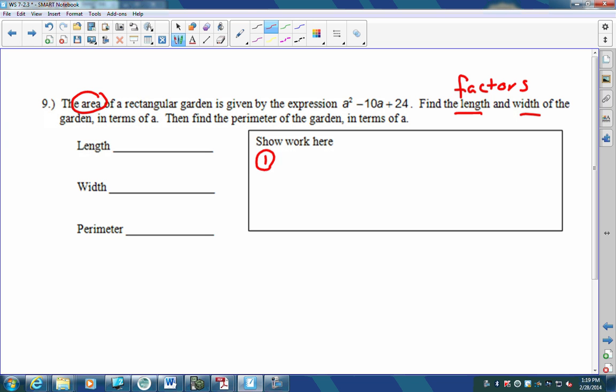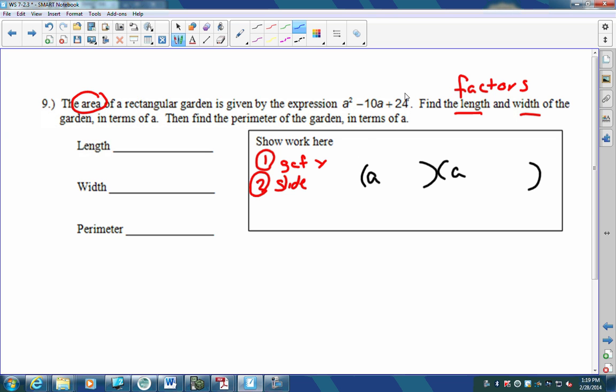Step 1 is GCF. Is there a GCF? Is there a number in front of the x squared or the a squared? Nope. There's not a number in front of it, so I'm not even going to do any slide. I almost messed up that word, slide. All right, so I can factor it right here from the beginning. Even though it says a squared, you can treat it as x. It's the same as x. Split it up.